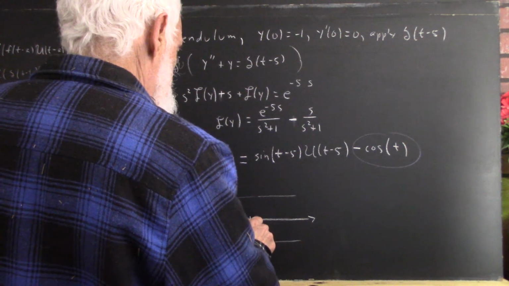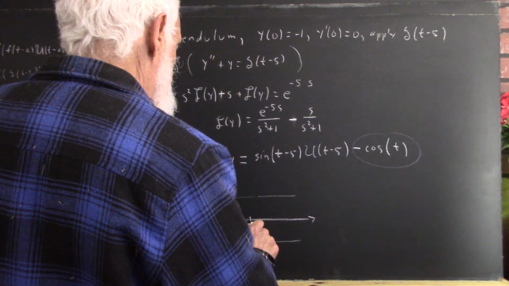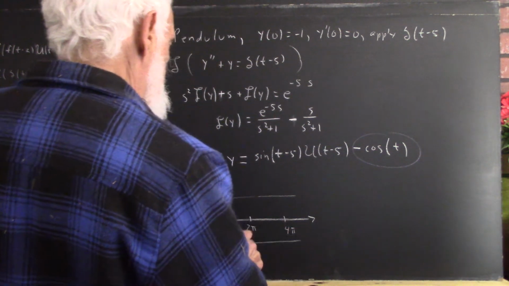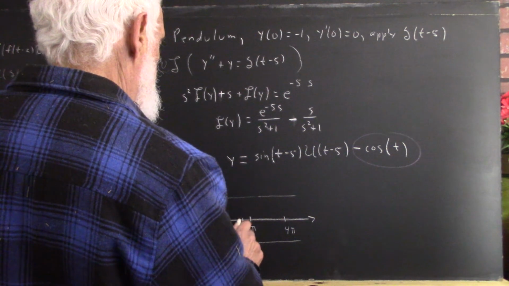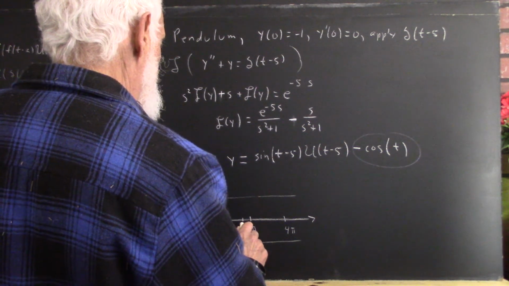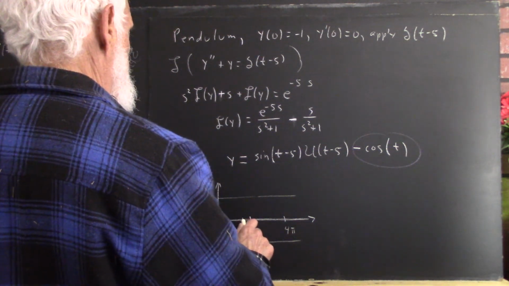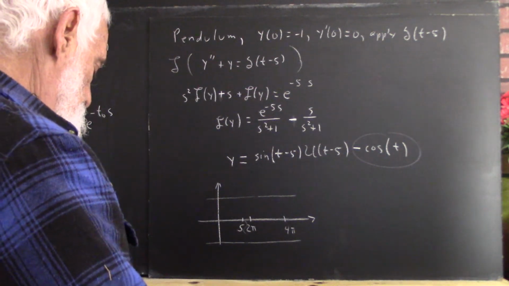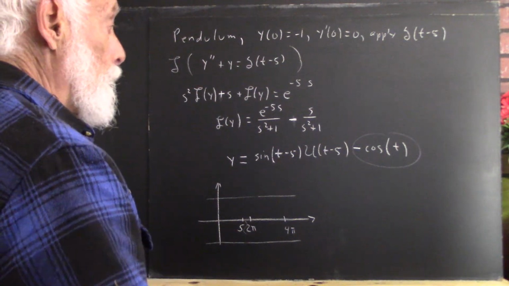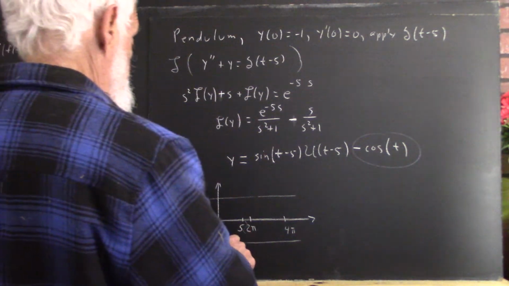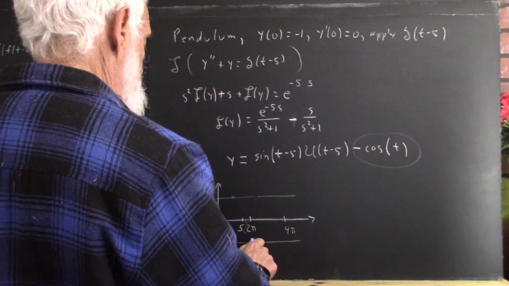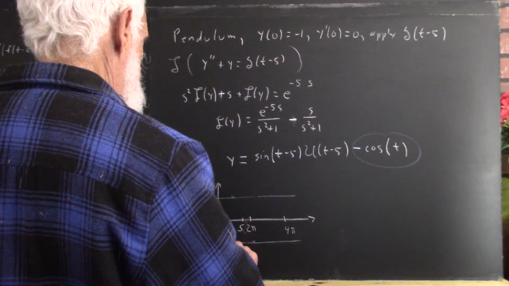So let's just say that 2 pi is here, 4 pi is here, and 5 is about here. Okay, so your negative cosine of t is going to be down here, and it's going to be up here, and it's going to be back down here. So it's going to look like this, sort of.